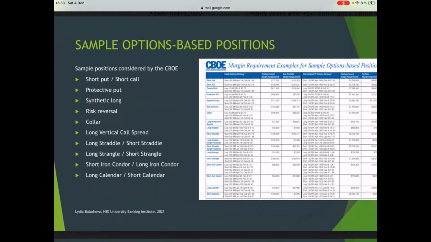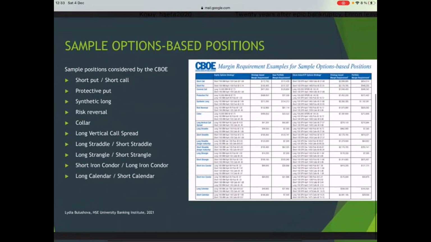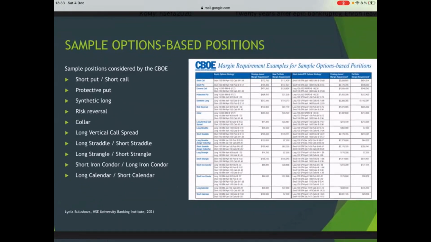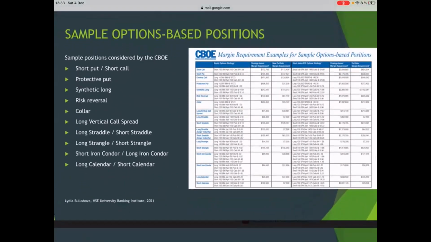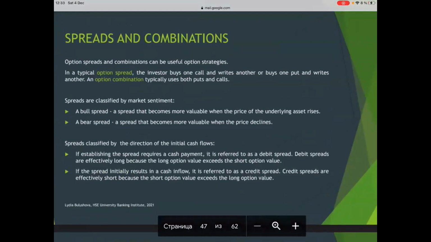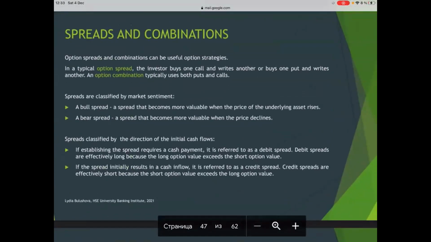So here we can have a look at options-based positions offered by the Chicago Board Options Exchange. There are three different positions or strategies.